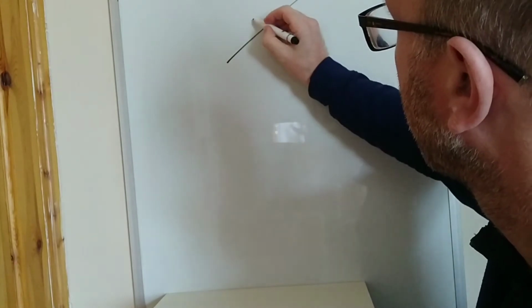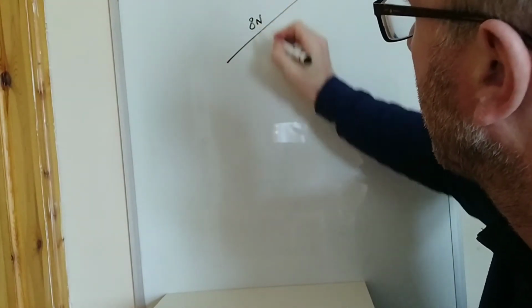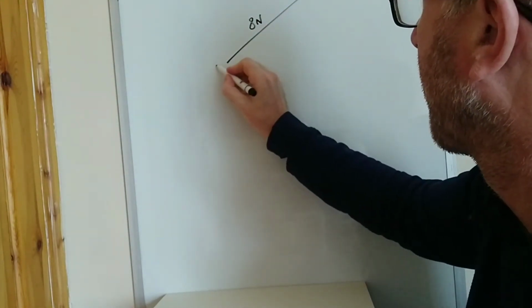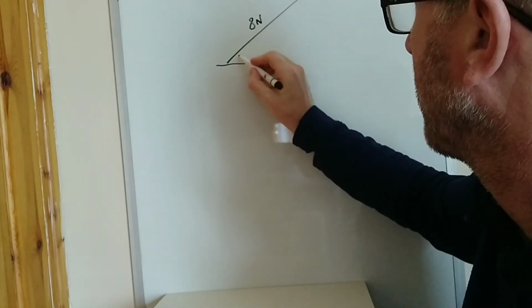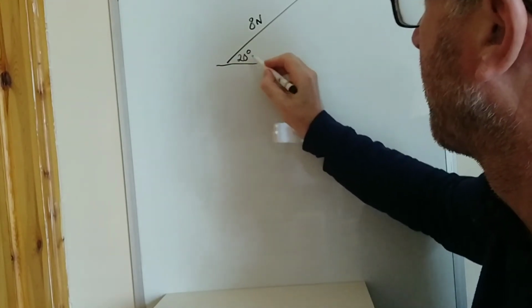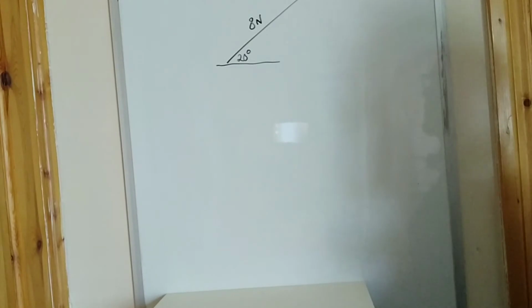Normally a horizontal and a vertical vector, but not necessarily. Okay, there will be situations where that wouldn't be the case, but for the time being we'll worry about horizontal and vertical. So let's say this is a force, it's a force actually this time of 8 newtons, and the angle is 20 degrees.